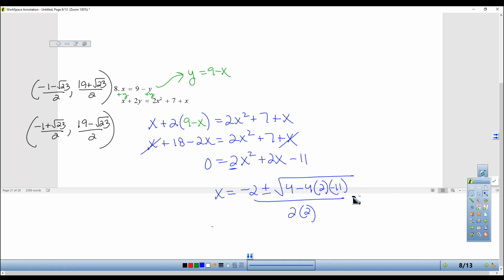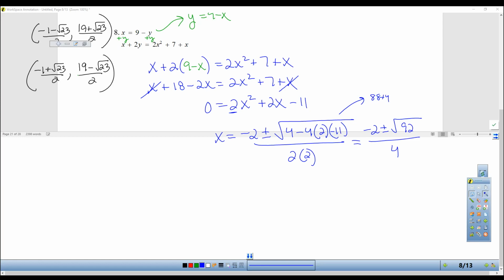So let's see, what does that give me? So 8 times 11 is positive 88, plus the 4 is going to make that 92. So I think about the factors of 92 that might be perfect squares. So I make a list. 1, 4, 9, 16, 25, 36. I'm getting pretty high.